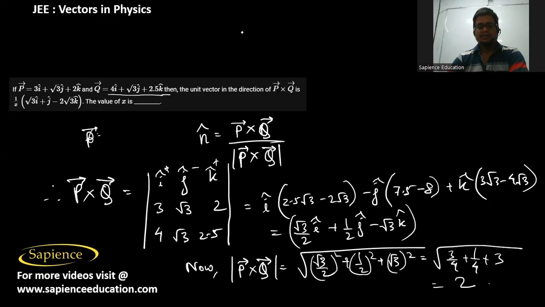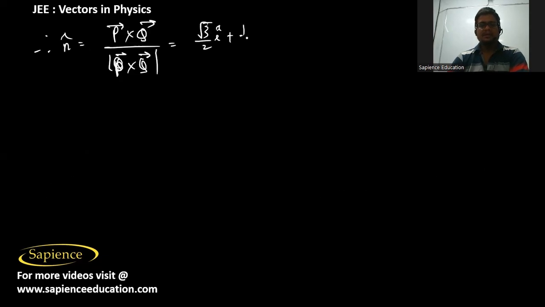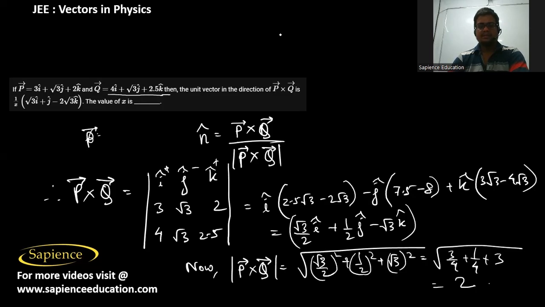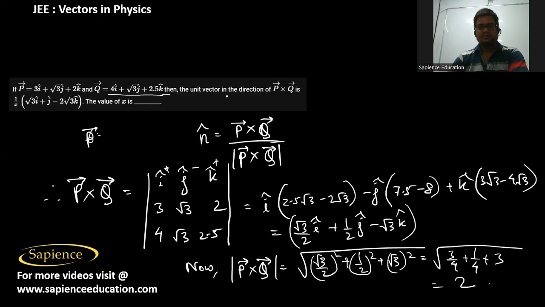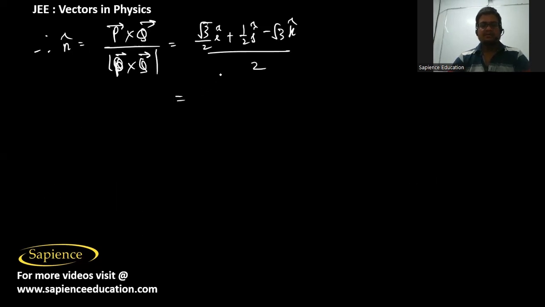Therefore, the required unit vector is equal to p cross q by magnitude of p cross q. So that will be root 3 by 2 i cap plus half j cap minus root 3 k cap, divided by 2. So from here we can take half as common, then 1 by 4 will come outside.